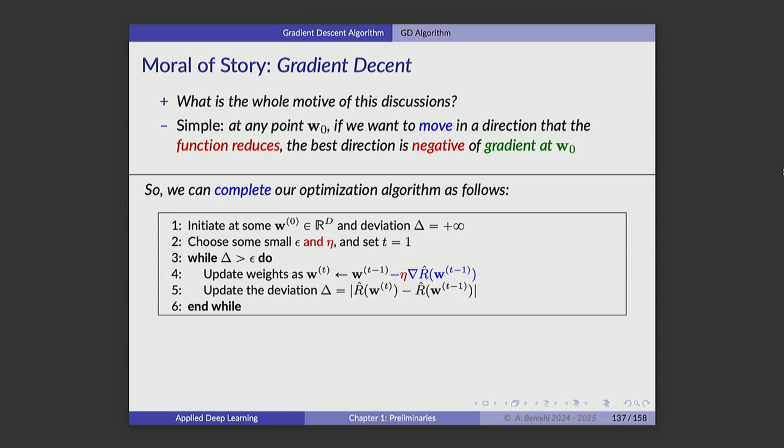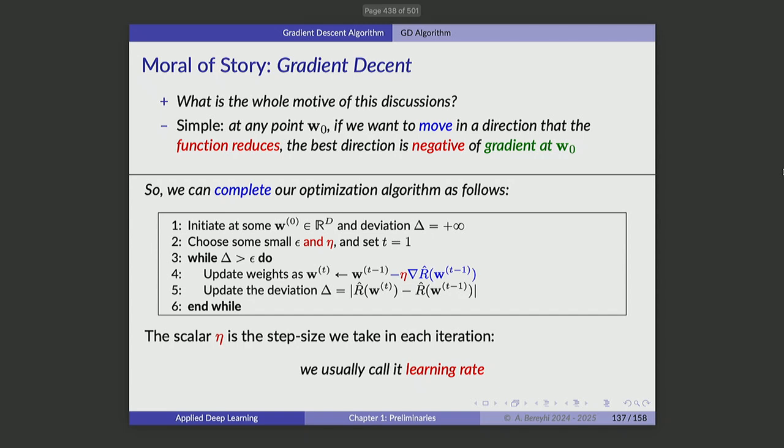It is 0, so delta is going to be 0. The loop is going to end, right? So this works because, first, the direction is the direction in which I am decreasing. Secondly, it's going to stop when I arrive at the minimum, right? So this is the gradient descent algorithm, and this eta here is what we call the learning rate, okay?